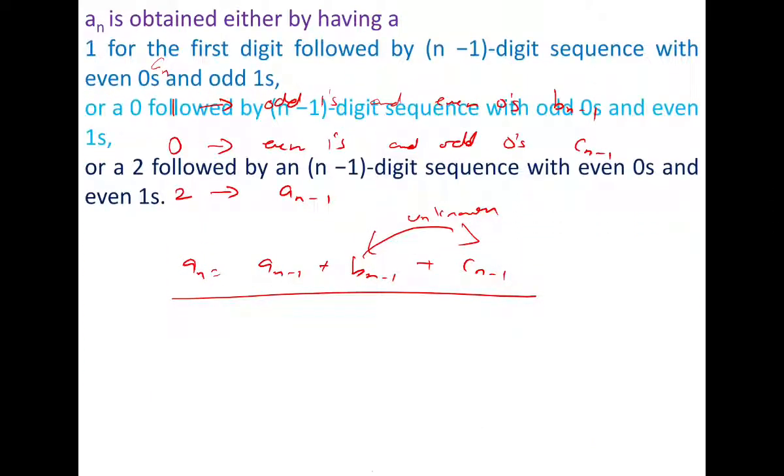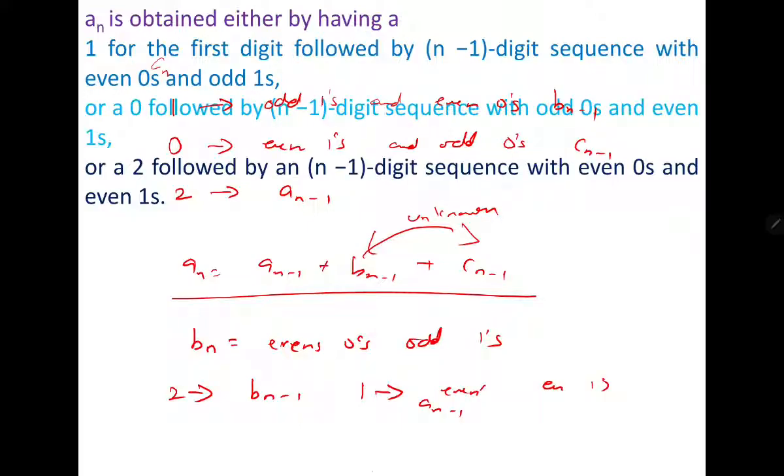So for b_n, you need even zeros and odd ones. If you start with 2, not a problem, it will give you b(n-1). If you start with 1, then you need even zeros and even ones, which is a(n-1). And if you start with 0, then you need odd zeros and odd ones.